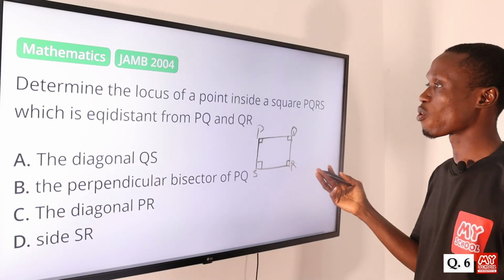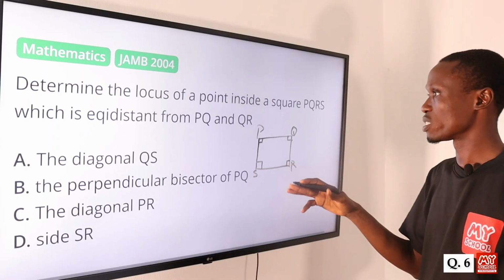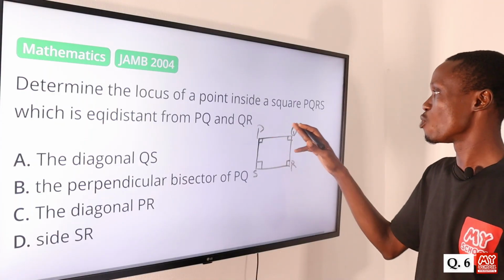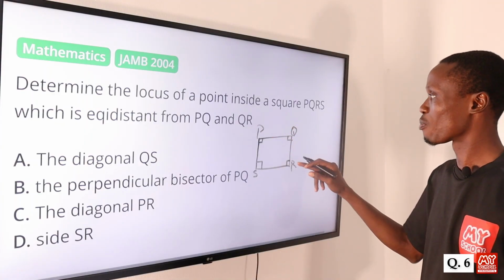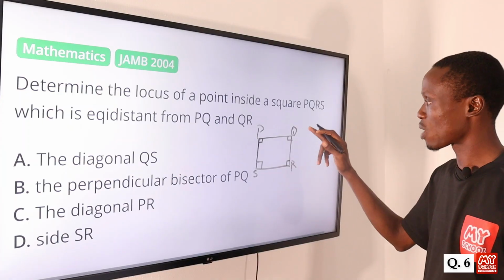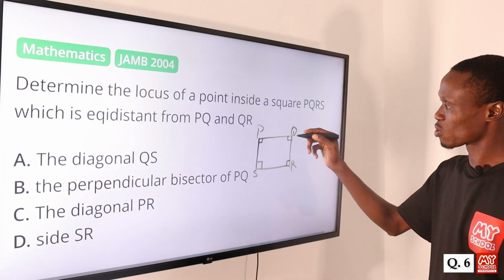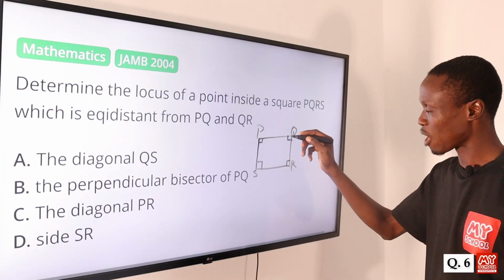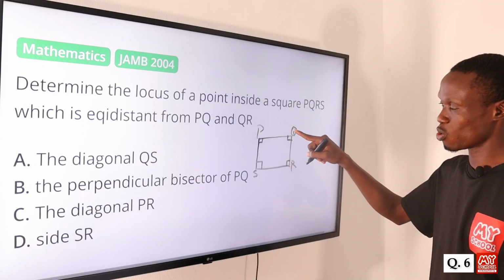So since we are looking for the locus of a point which is equidistant from PQ and QR, if you look at line PQ and line QR very well, you discover that there's an angle formed, okay, angle 90 at the vertex Q, right?